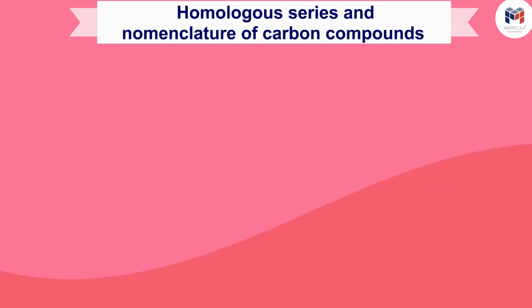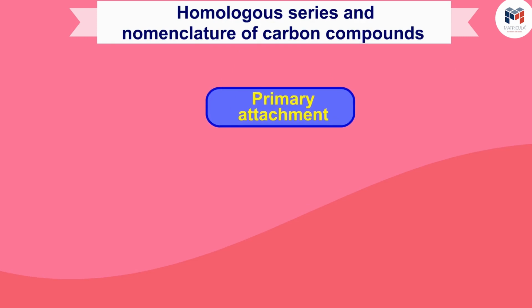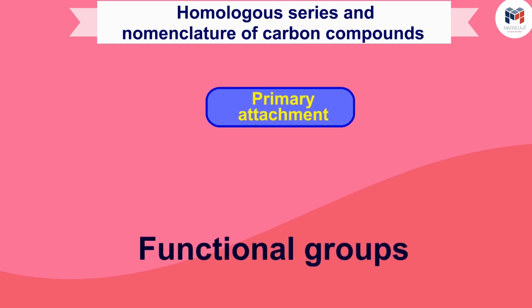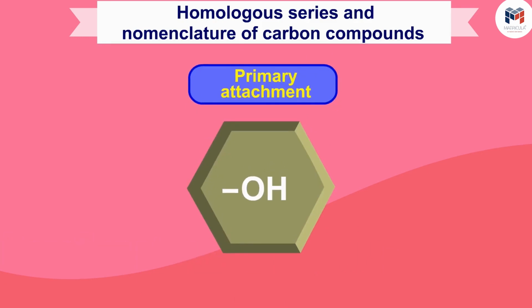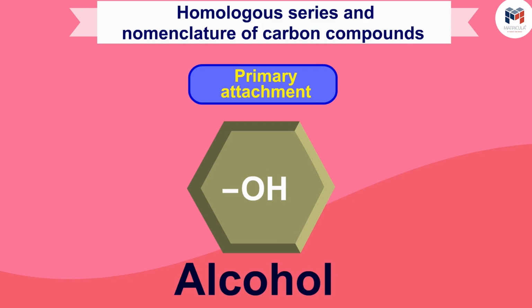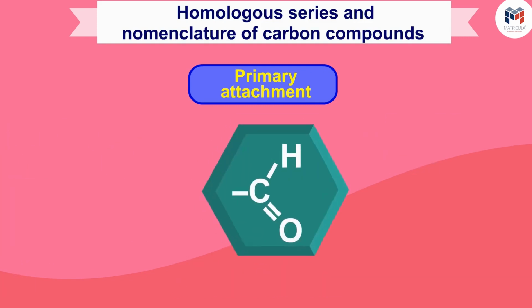Now we can check the primary attachments, the functional groups. They are as important as the surname in a carbon name. If OH or hydroxyl is seen, it is alcohol. For this, you will write ol. If you see CHO, that is aldehyde, you will write al for it.